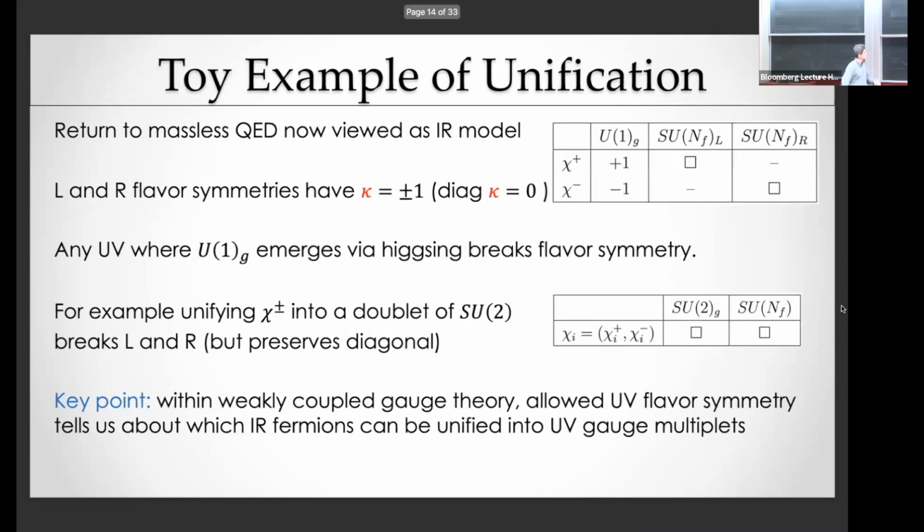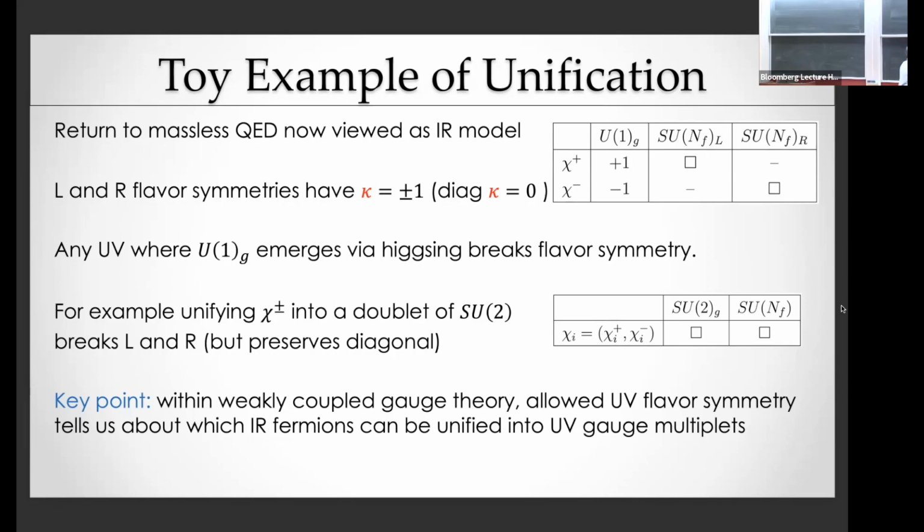Can you step back? Can you explain this sentence again? The bottom one. So, can there be a model, for instance, that unifies chi plus and chi minus? Well, let's do one of them separately. Can there be a UV model that keeps chi plus all on its own without unifying into chi minus, keeping, say, the flavor symmetry rotating chi plus?